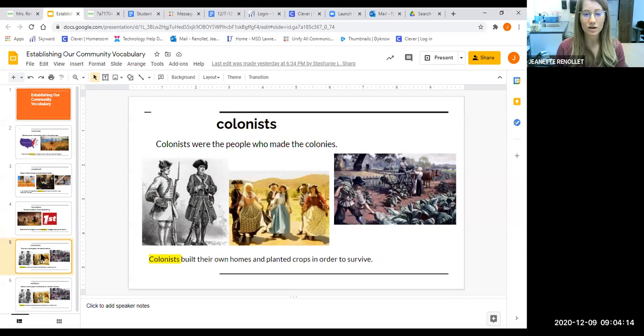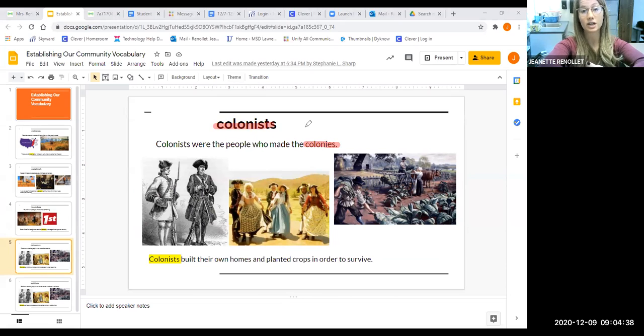They were some of the first people here who were different than the Native Americans. Our next word is colonists. Are you ready? Colonists. Colonists were the people who made the colonies. See how these words are so similar? Colonies and colonists, they're so similar.